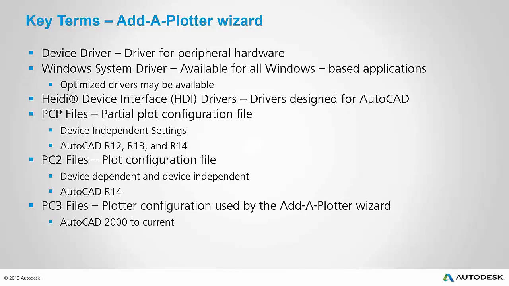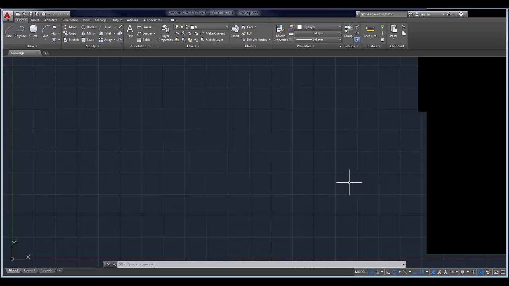All right, very good. Thank you, everybody, for participating in that. We do appreciate the feedback. So moving right along, I've shown you that the Plotter Manager or Add a Plotter Wizard exists in Control Panel. We can also type Plotter Manager at the command line in order to get to that functionality.